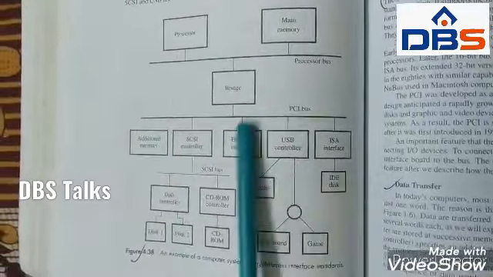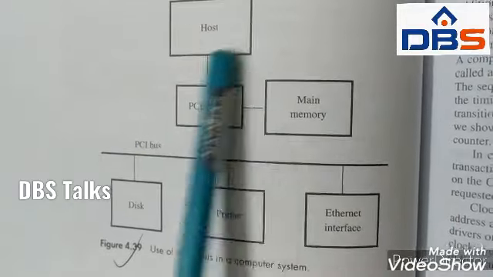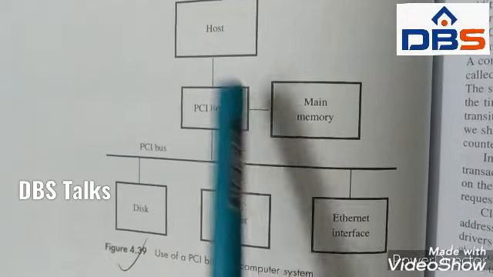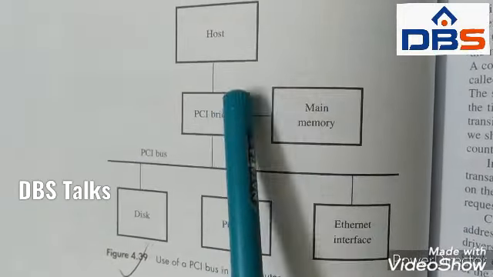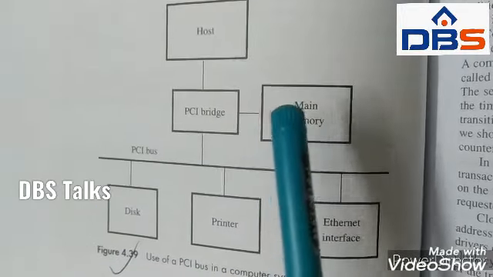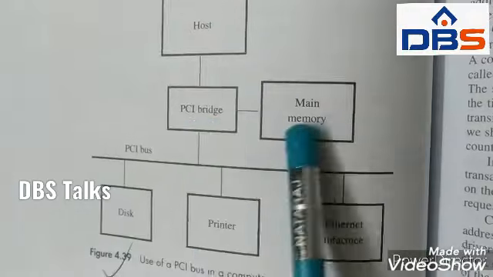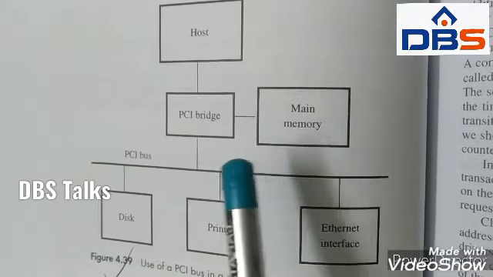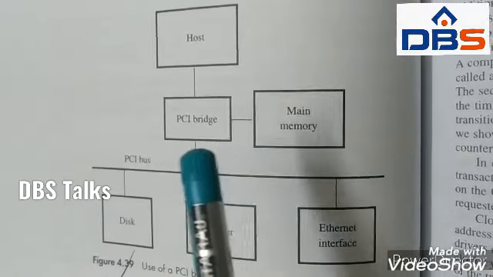Now coming to the PCI bus, it was developed as a low-cost bus for all the processors. It is connected to appear to the processor as if the devices were connected directly to the processor bus.